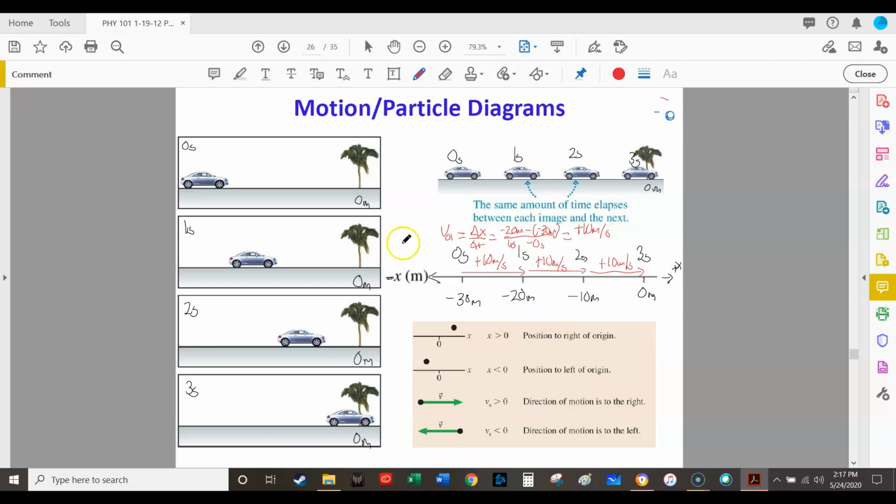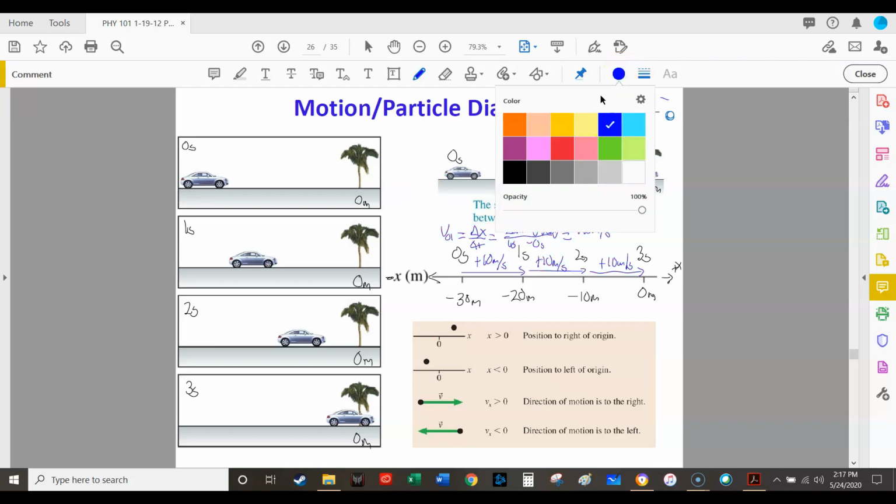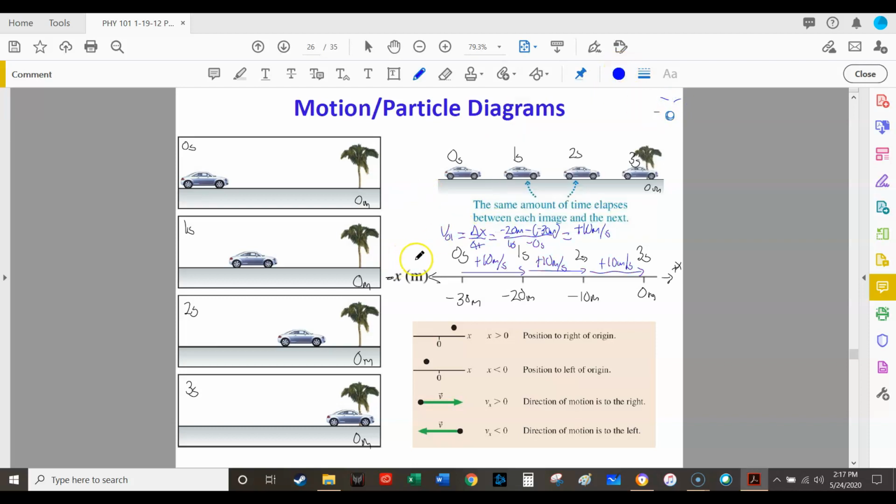And so the start time, I just want to reiterate this. I'm going to use a different color. The start time always occurs at the 0 seconds mark. In these motion diagrams, you're going to look at the top part to see the 0 seconds mark, and that will be the start of the object's motion.